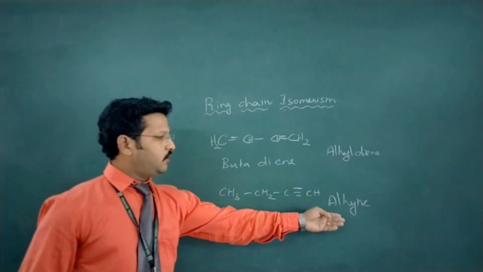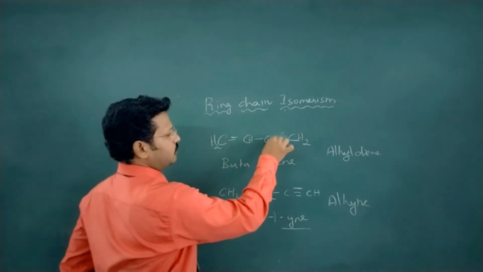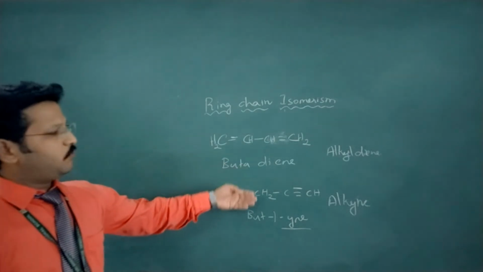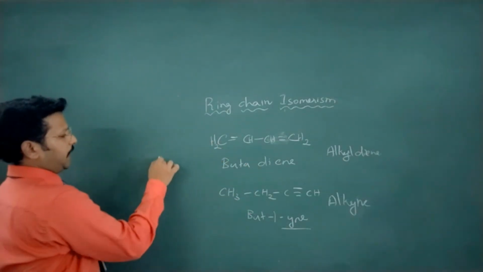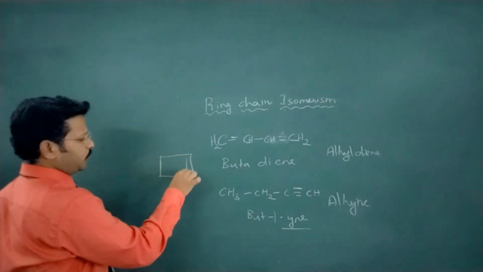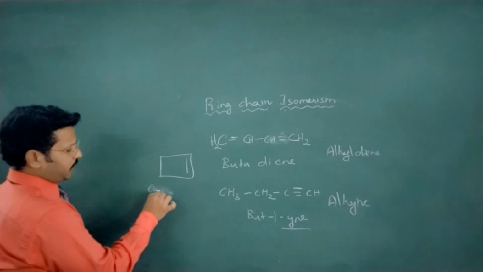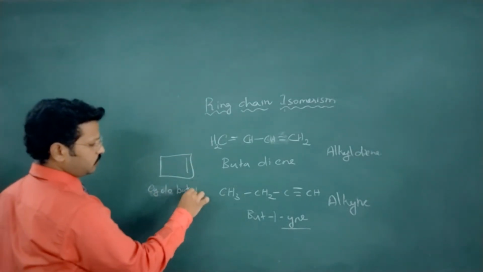This is an alkyne and this is a diene. So both of these are functional isomers, but both of these functional isomers will have a cyclic butane, and this is a cyclic compound. So we are having cyclobutene.